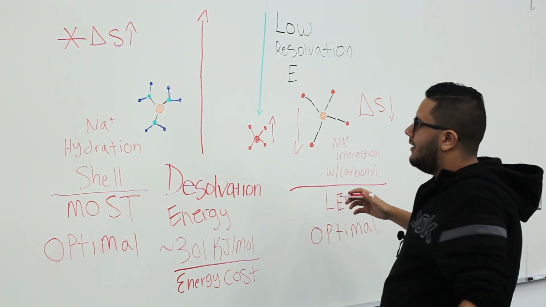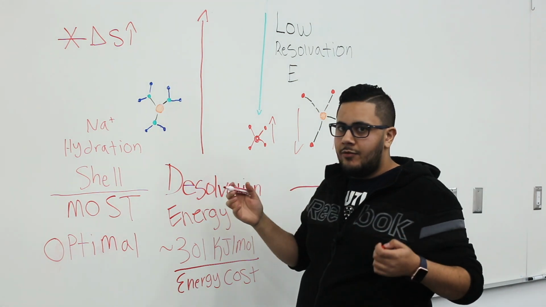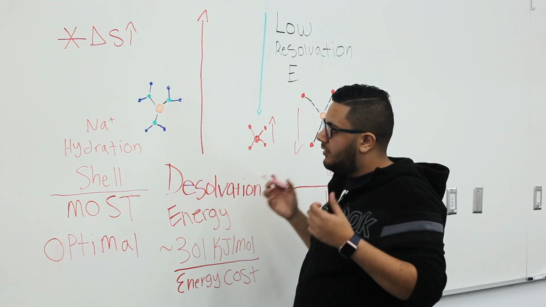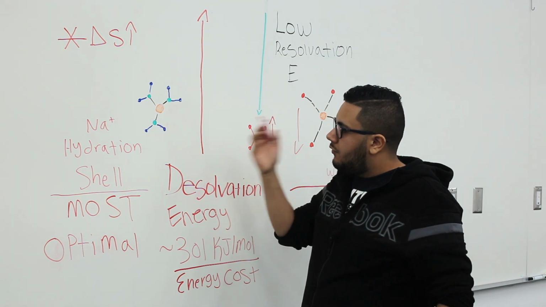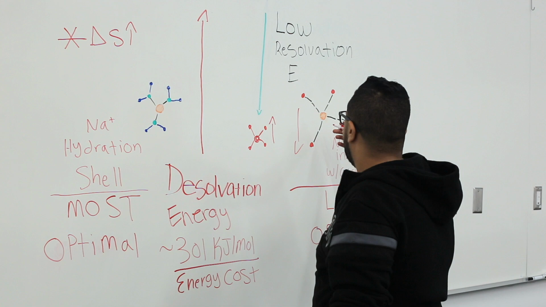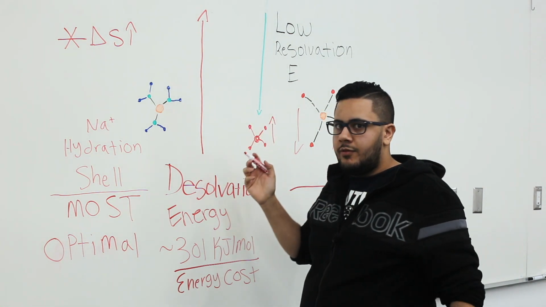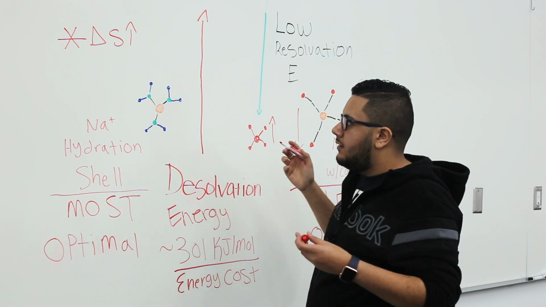So simply, it just would not be an energetically favorable process to break the interactions between sodium and water and form non-covalent interactions with the carbonyl backbone in the selective region of the potassium channel.